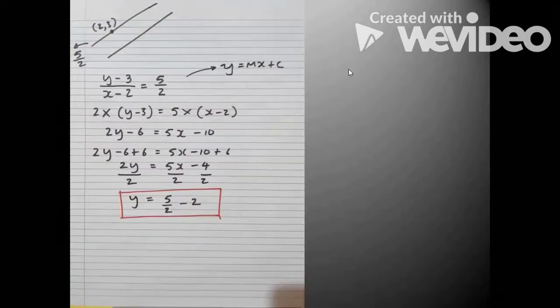Good. All right, so it's y, subtract the y value. If the point is (2, 3), the y value is 3, divided by x minus 2, which is the x value, and put that equal to the gradient.